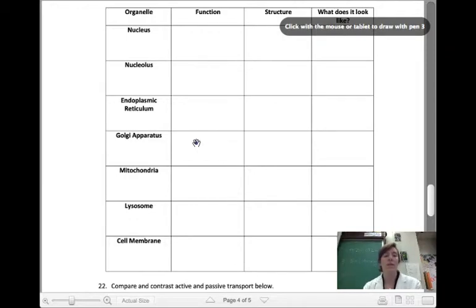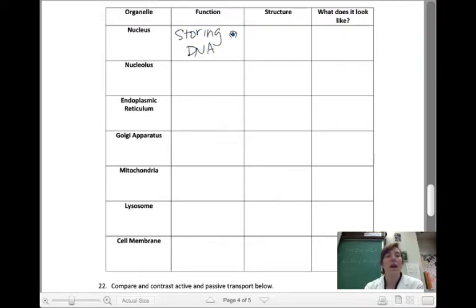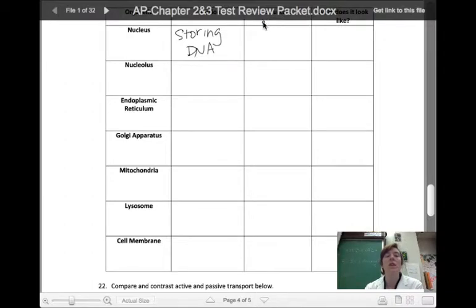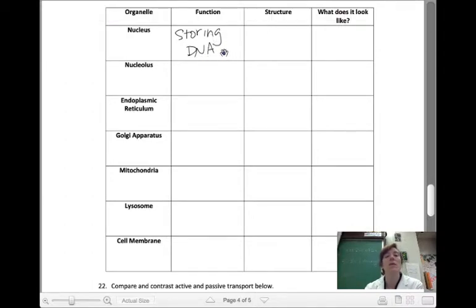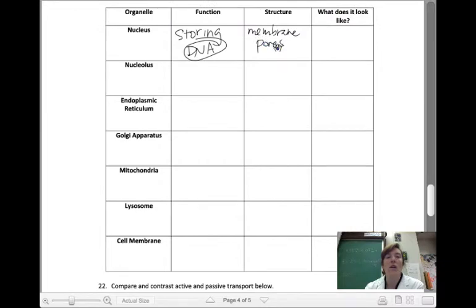So the nucleus has a big important function, and that is storing DNA. And since DNA is the molecule that dictates how everything gets done in our bodies, the nucleus has a very important job of keeping this wonderful molecule safe. Structure-wise, it has a membrane, it has pores in the membrane that allow things in and out.